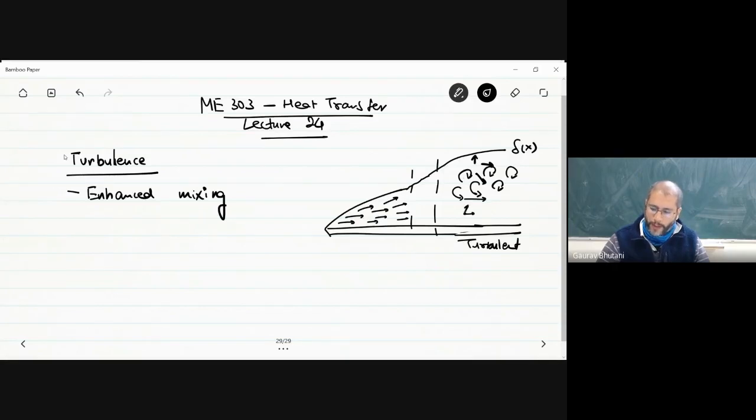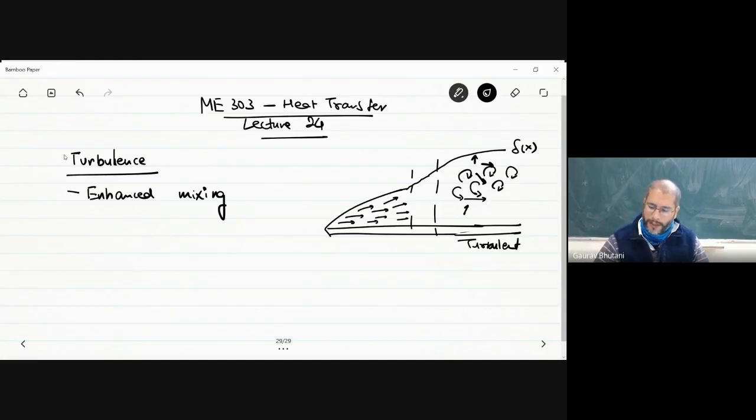When this bottom layer molecule gets a velocity in the y direction as well, it jumps up and takes with it the momentum deficit, because it has a slower velocity. When a slow moving car goes into a fast moving car lane, it slows the whole lane. So it's similar to that. This slower molecule will slow down the top layer, and vice versa.